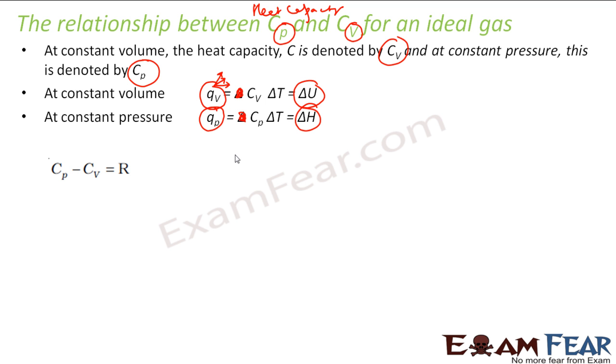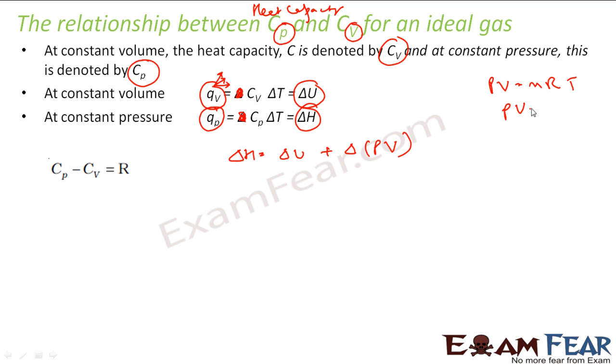How can we do that? The formula we know is delta H is equal to delta U plus delta of PV. We don't know whether pressure is changing or volume is changing. PV is equal to nRT, and let's assume everything for 1 mole of gas, so n becomes 1.